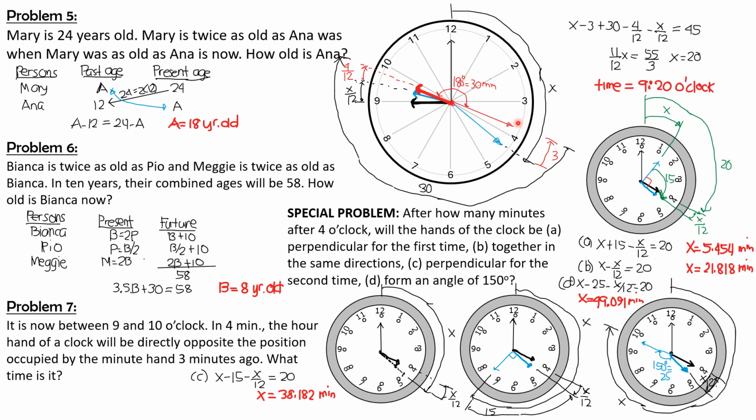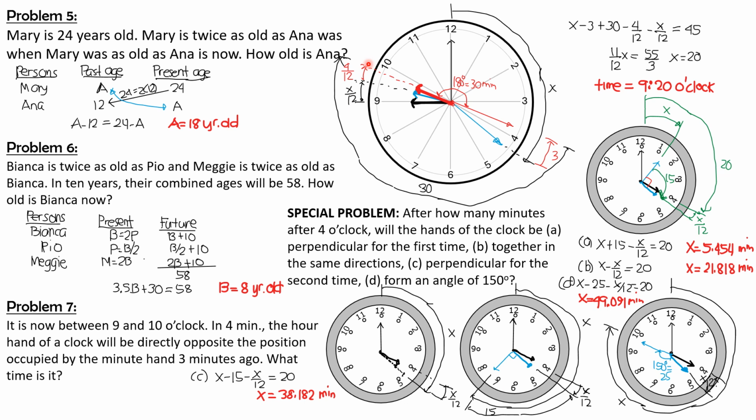So this is from here up to there 30 minutes. So therefore our equation would be x, and we go back here minus 3, then we add 30 minutes.